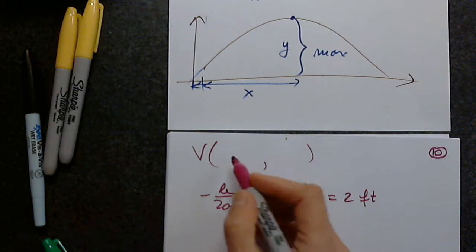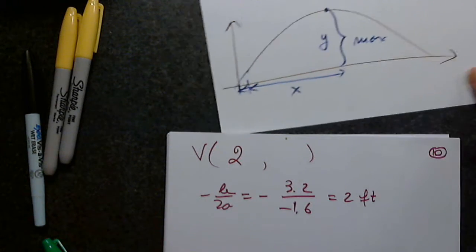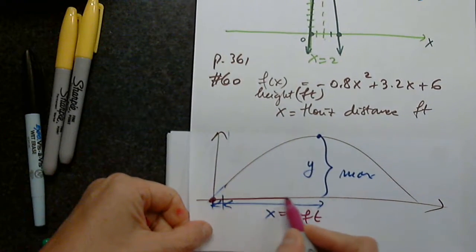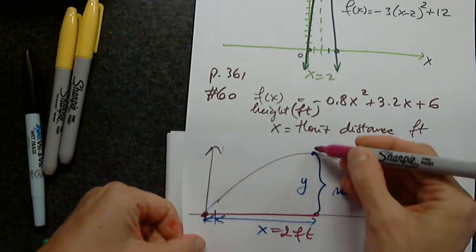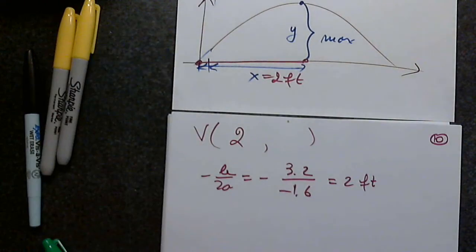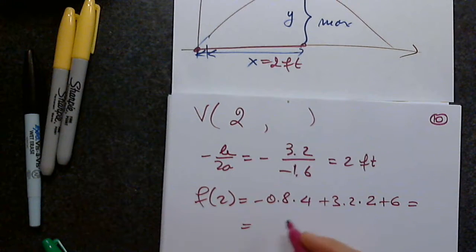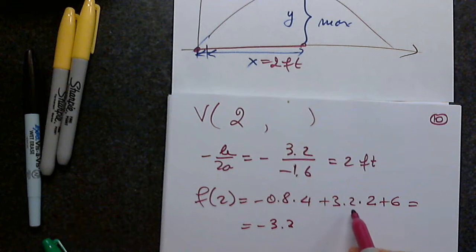So the x-coordinate of the vertex is 2 feet. This is the horizontal distance from the release until it reaches its maximum height. Now the question is, how do I find the maximum height? Of course. I have to find f of 2. Negative 0.8 times 4 plus 3.2 times 2 plus 6. So this is negative 3.2.